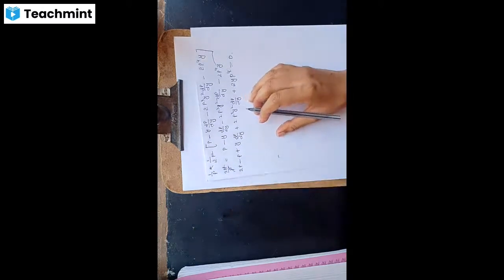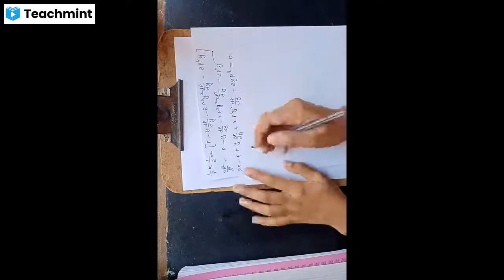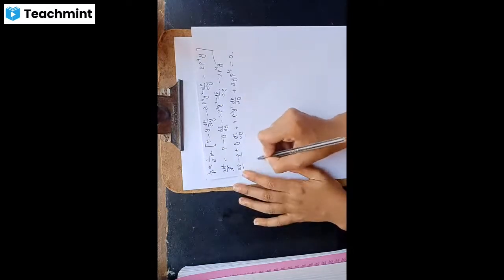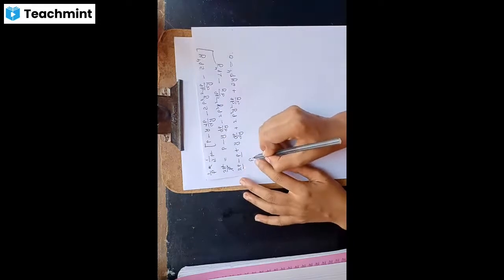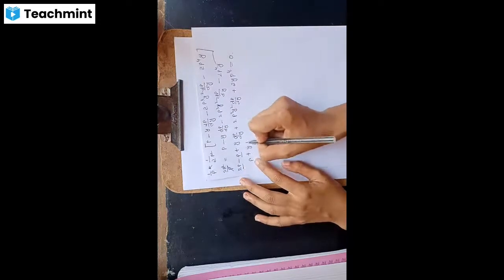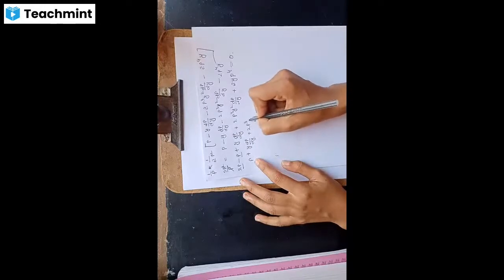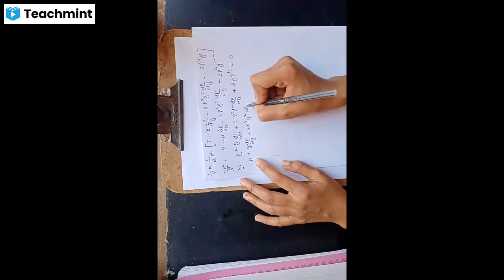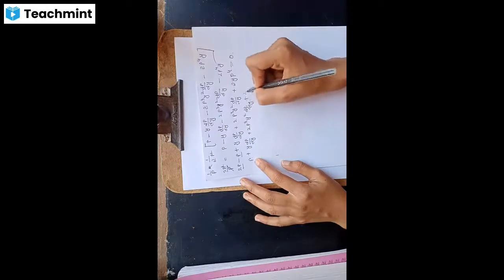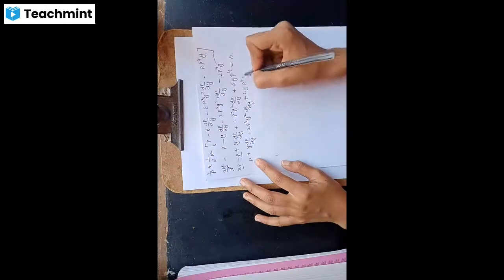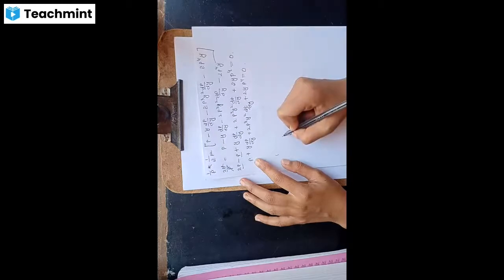Here I can write 2p minus p is only p, plus y dp by dy plus 2p to the power of 3 into y square dp by dy plus 2y p to the power of 4 is equal to 0.